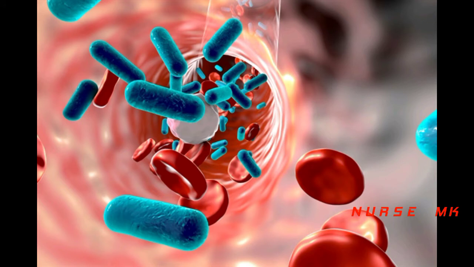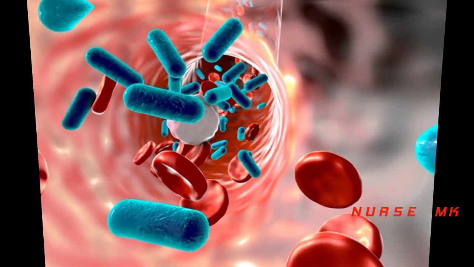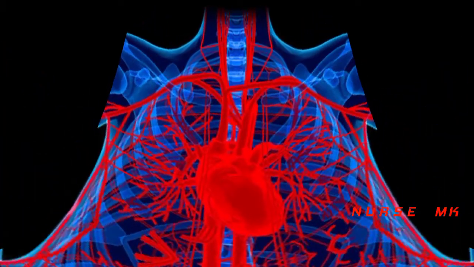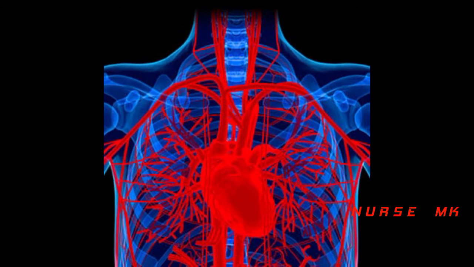There is no actual fluid loss from the body, but this is because the bacteria or the microorganisms produce certain toxins which cause vasodilatation that in turn leads to a drop in the blood pressure and then leading to shock.